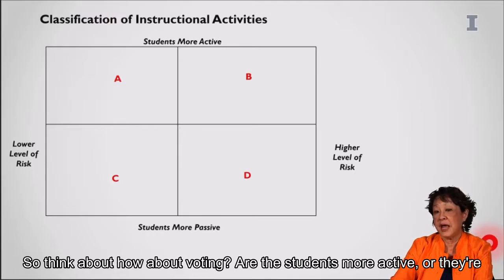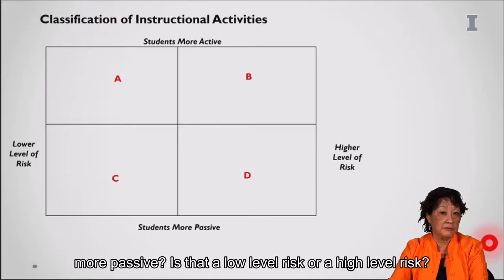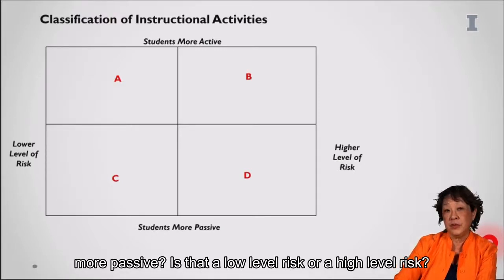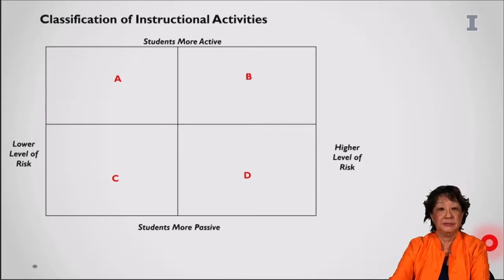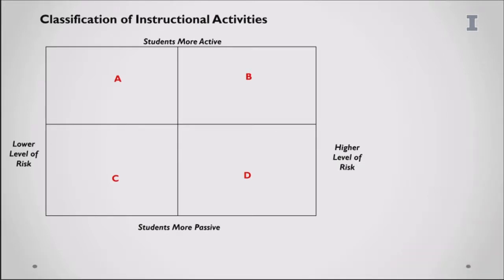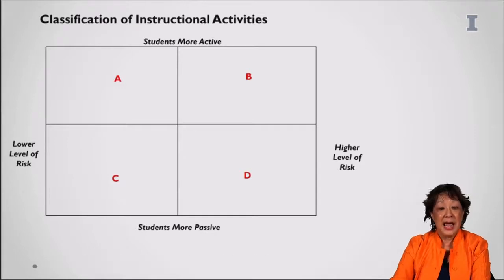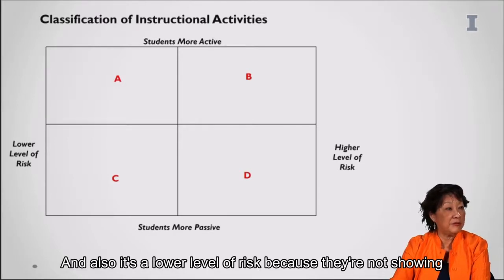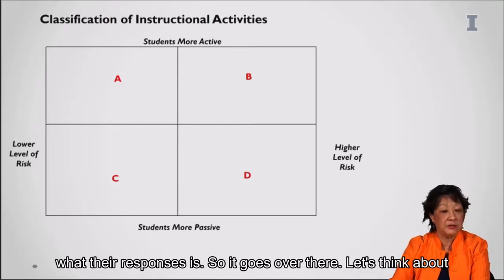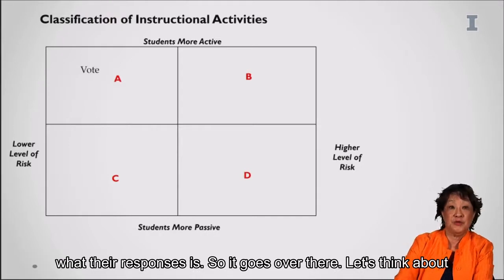Are the students more active or more passive? Is it a low level risk or a high level risk? Students are more active because everyone's participating, and it's a lower level of risk because they're not showing what their response is. So it goes over there.